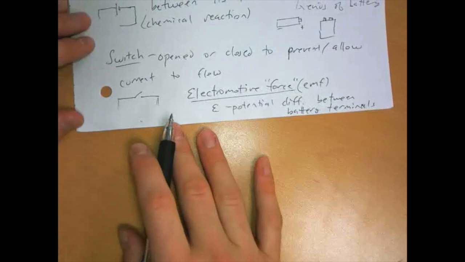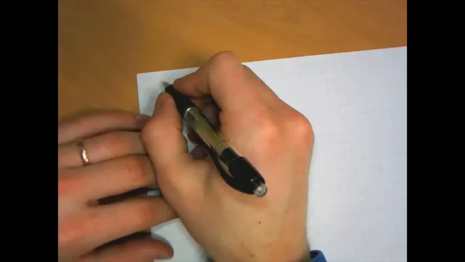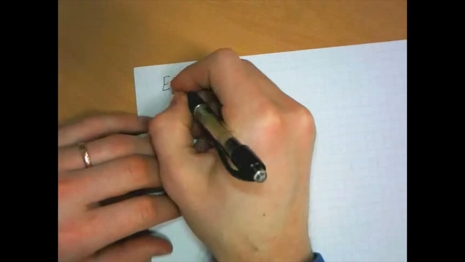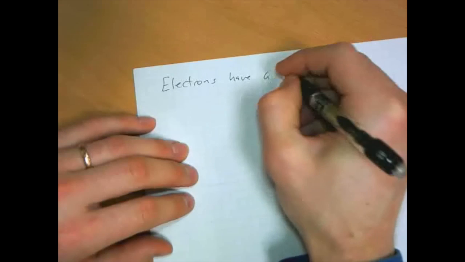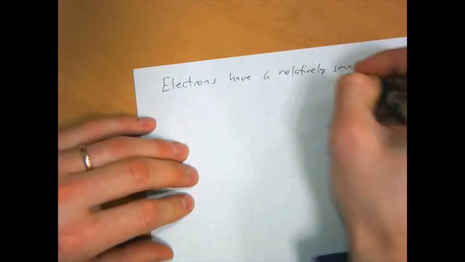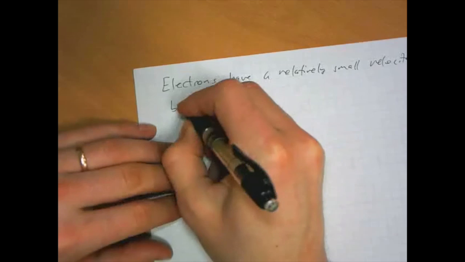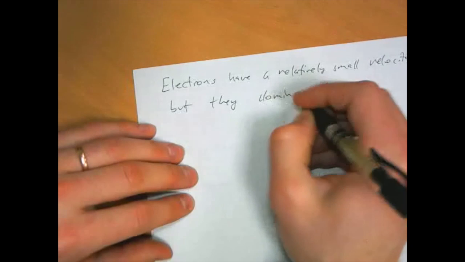An interesting fact in circuits is that you know that when you flip the switch, the light goes on basically instantly. Well, the electrons in the circuit actually have a relatively small velocity. But they domino.